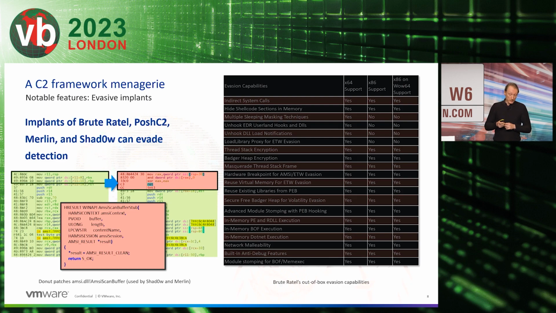And whenever an EDR that is relying on AMSI tries to scan the code that's being executed on the system, it will see and hear nothing, because the beginning of that function is patched with an empty stub that always returns an AMSI result of clean.